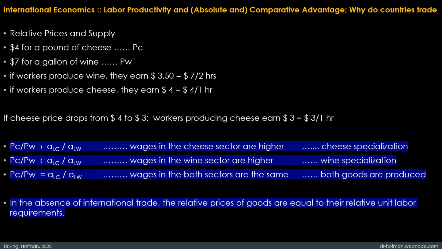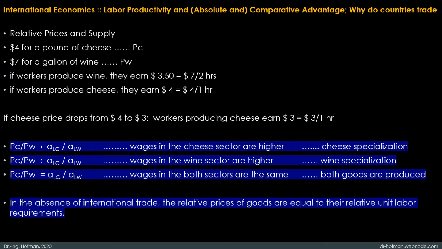The production possibility frontier illustrates the different mixes of goods the economy can produce. To determine what the economy will actually produce, however, we need to look at prices. Especially we need to look at the relative price of the economy's two goods, that is, the price of one good in terms of the other.